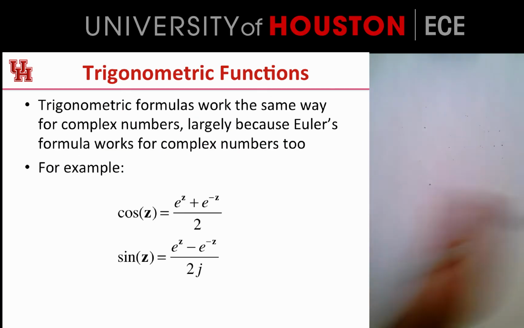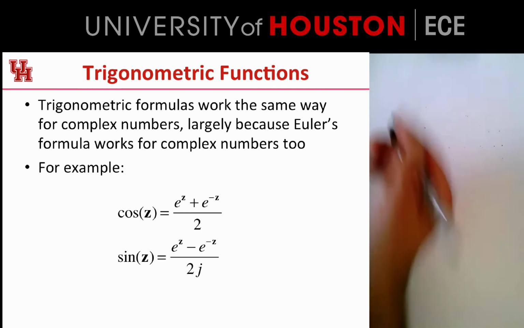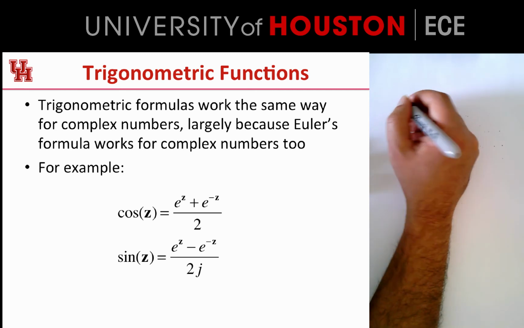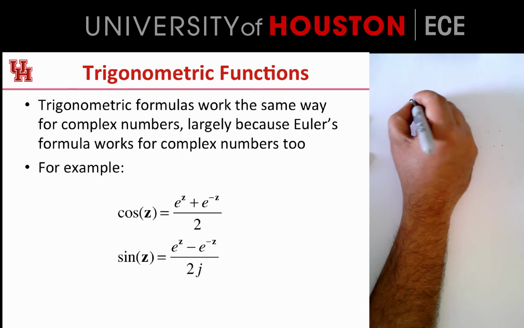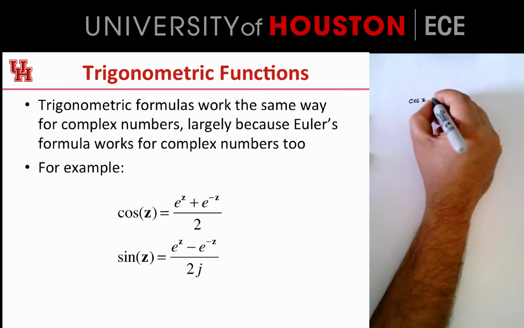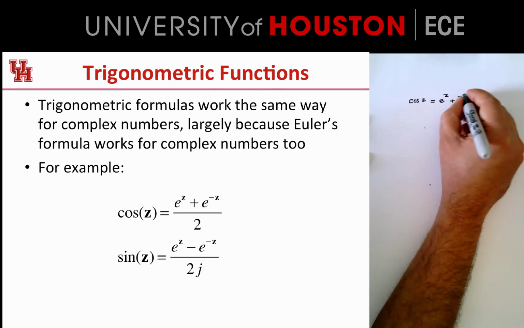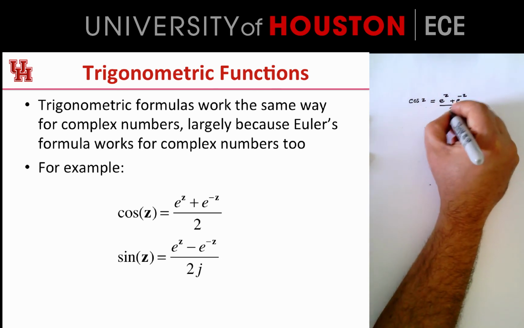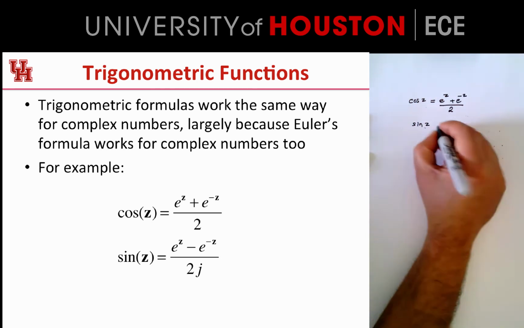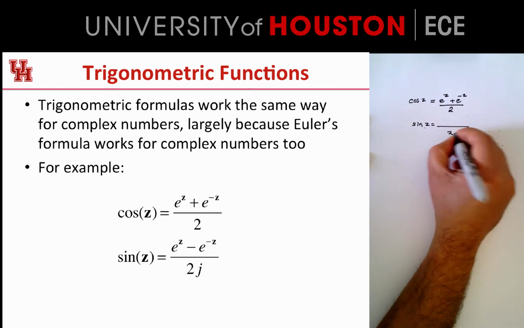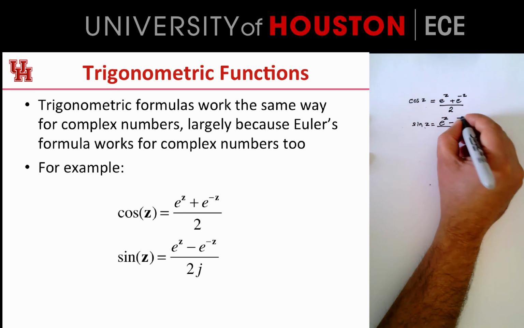The trigonometric formulas work the same way for complex numbers, largely because Euler's formula works for complex numbers too. So cosine of z can be written as e to the z plus e to the minus z, divided by 2. Similarly, sine of z is 1 over 2j times e to the z minus e to the minus z.